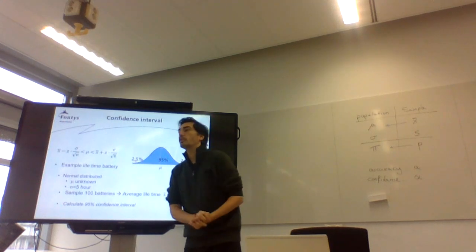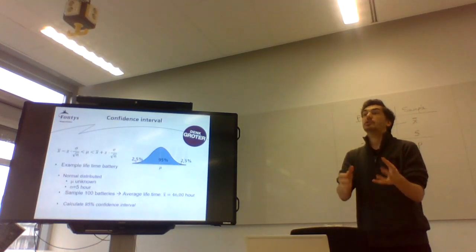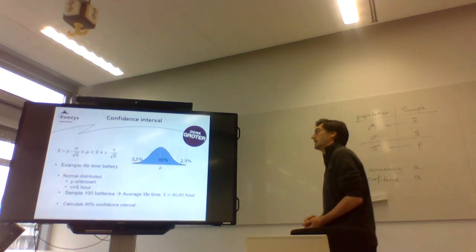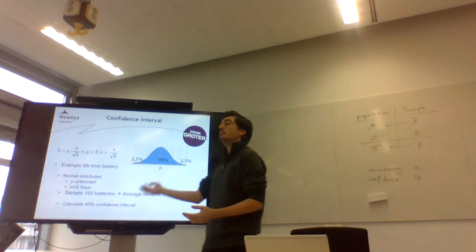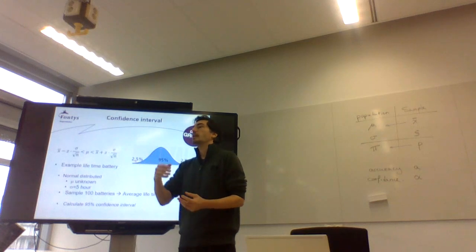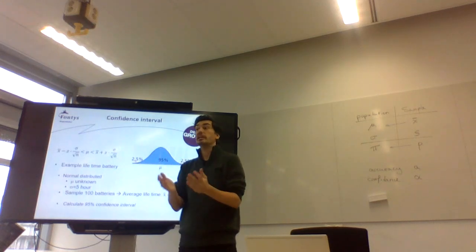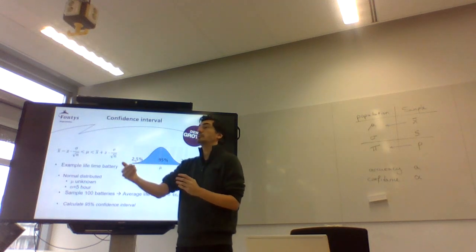But I do know, for example, that they are lithium batteries. We use lithium for the core component of the electrical transportation, and I know the half-life of lithium, so I can actually deduce a sample, a population standard deviation from those factors, right?